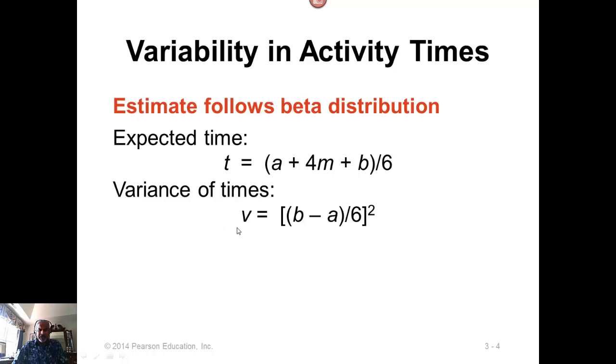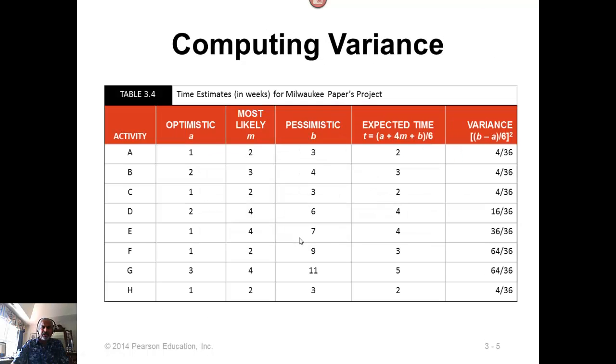And the variance for activities will come from this function. It doesn't include m, but it is ((B − A) / 6) squared, or (B − A) squared over 36.